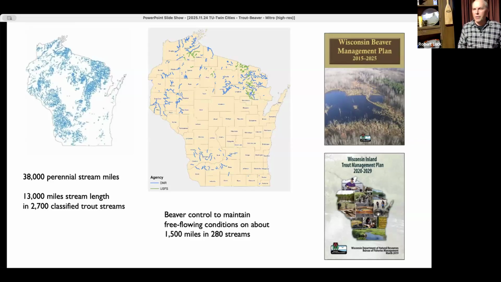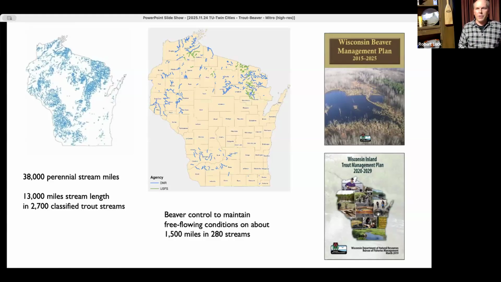So beaver control has, to date, remained an important part of what we do for managing trout streams in the state. It's not without controversy, as you can imagine. There are a lot of differing opinions about beaver on trout streams, even among trout anglers. A lot of people love them there. A lot of people don't love them there. Other people don't even have an awareness of the program. So it's all over the map.